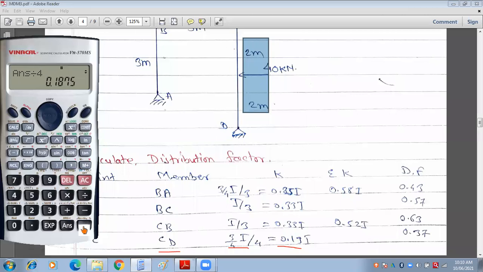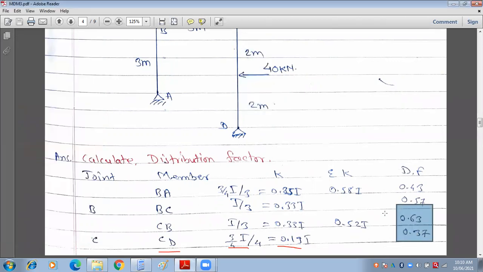Now the addition of these two terms, 0.19 plus 0.33, is 0.52. Then 0.33 divided by 0.52 gives 0.63, and the next one, 0.19 divided by 0.52, becomes 0.37. These are the distribution factors for joint C.